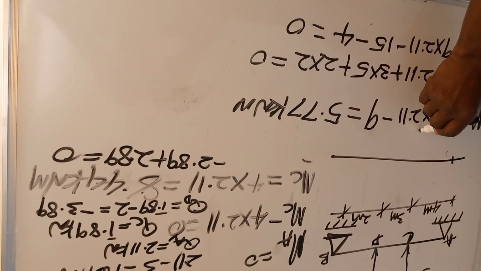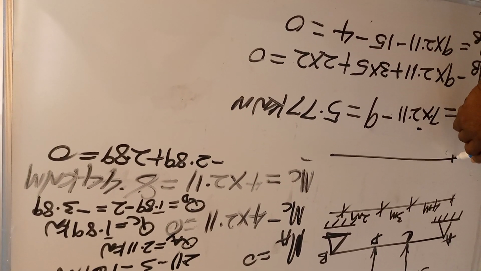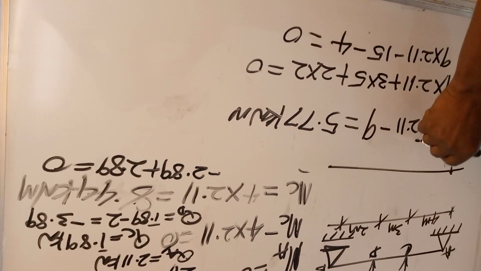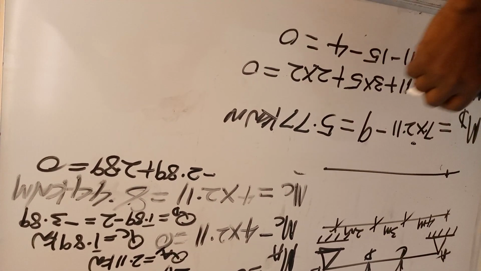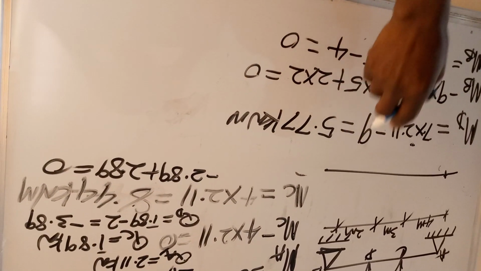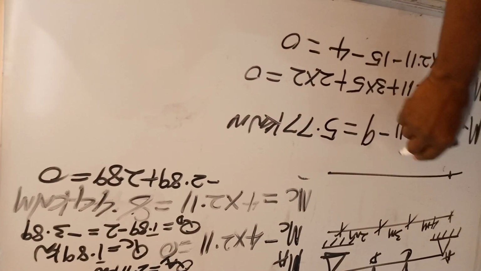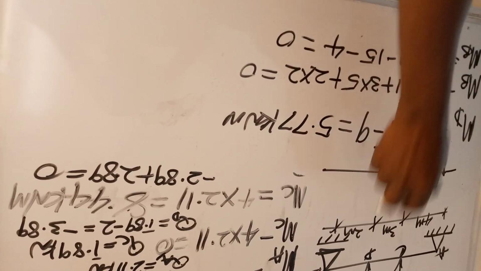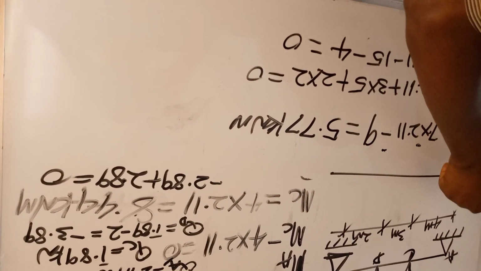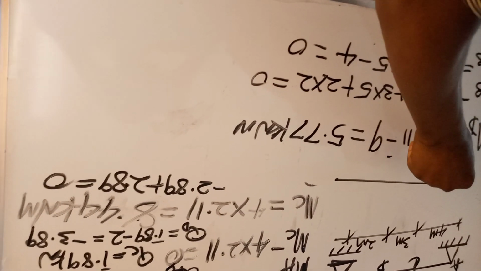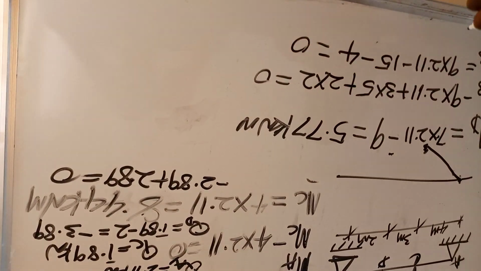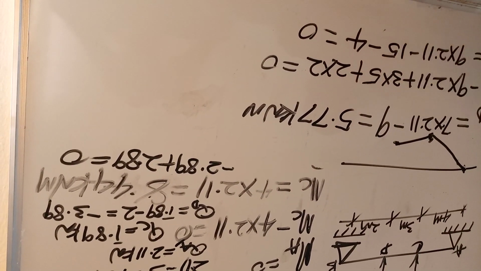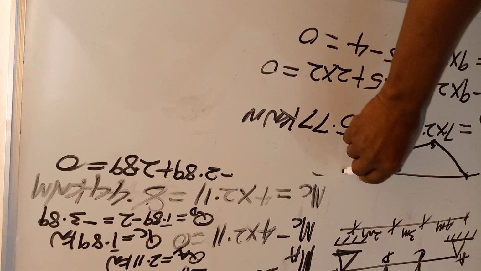Let's mark it here. The bending moment is 0 at A, and at C, 4 meters away, it is 8.44. At D, the bending moment MD is 5.77. At B, it is 0. So the bending moment diagram will go this way: 8.44 at C, move to this point, 5.77 kilonewton meter, then to 0.